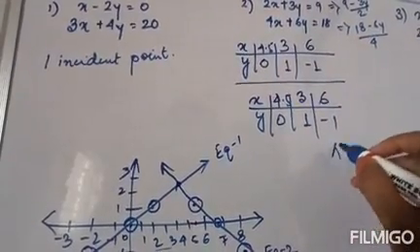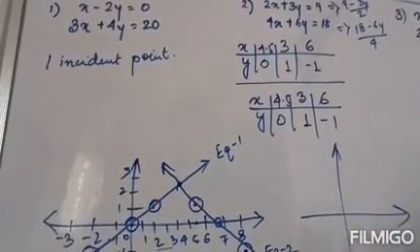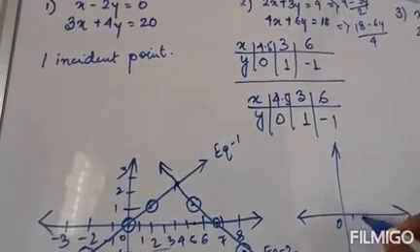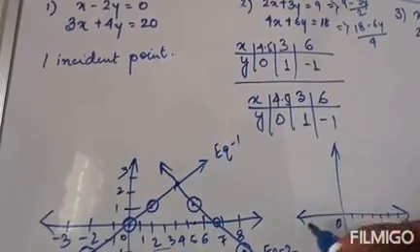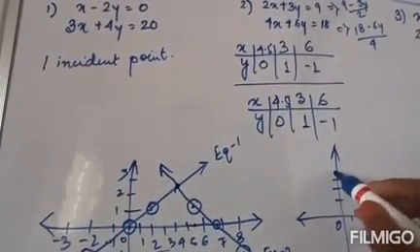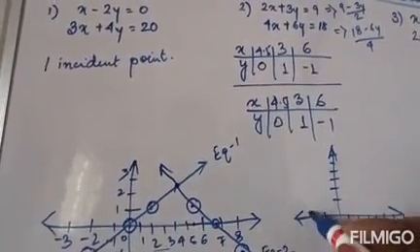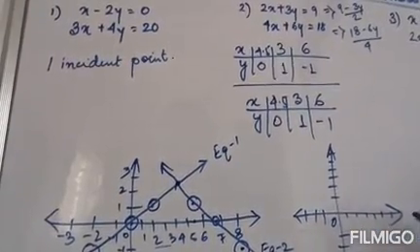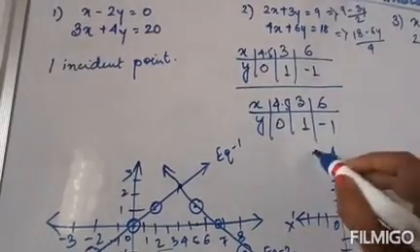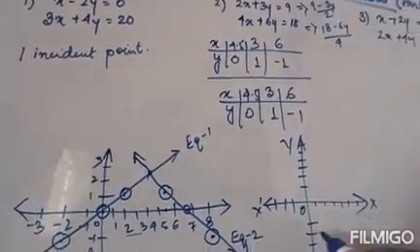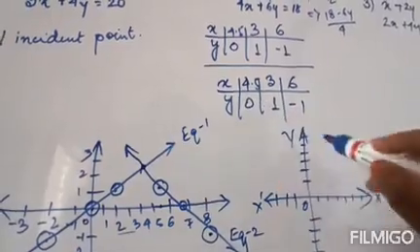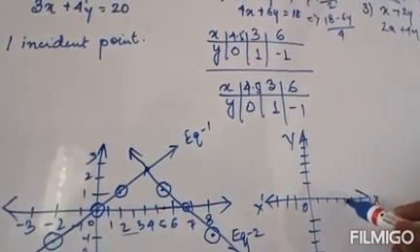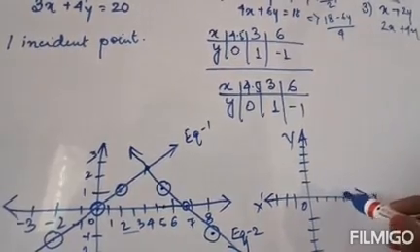Okay, that means when I plot on the number line, 1 2 3 4 5 6. I'm not writing the points. So y is 0, x is 4.5, somewhere in the middle. Y is 0, so the first point will be here.